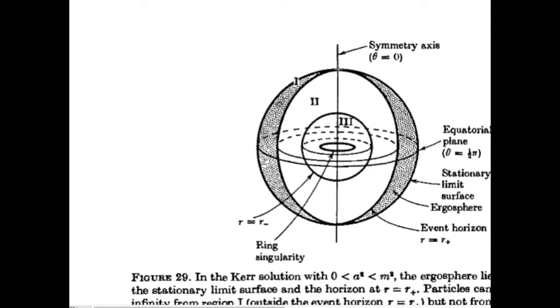The ergosphere is the part of the space inside of which you cannot stand still, where this frame dragging is so strong that you cannot remain at a fixed angular coordinate. Then you have the outer event horizon. You have r equals r minus, that's the inner event horizon or Cauchy horizon. And here you have this ring-shaped singularity.